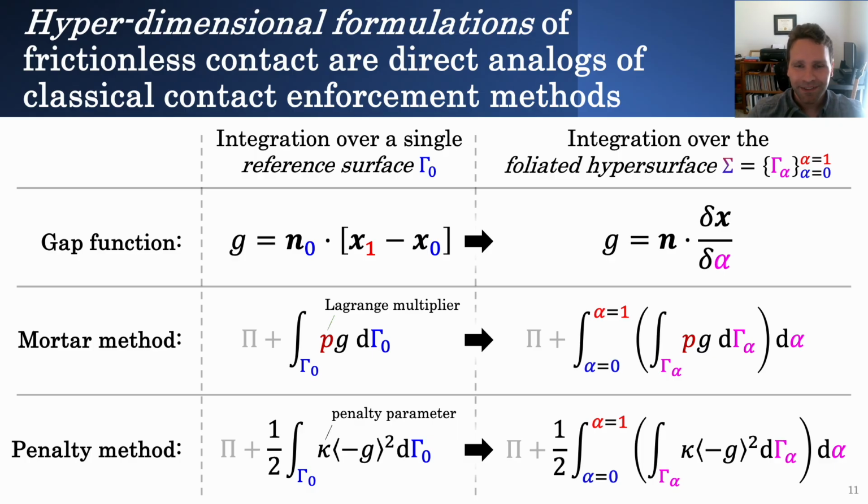If you were to deal with a classical implementation of the Mortar method or penalty method, the only things you'd need to change are substituting your definition for a discrete gap function with this so-called differential gap function defined in terms of the delta alpha derivative, and any integrals that you would carry out over a particular reference surface, let's say it's gamma 0 in this case, you would instead carry out those integrals over the full foliated hypersurface, so the full collection of gamma alphas parameterized by alpha between 0 and 1. That's it. That's really the only difference.